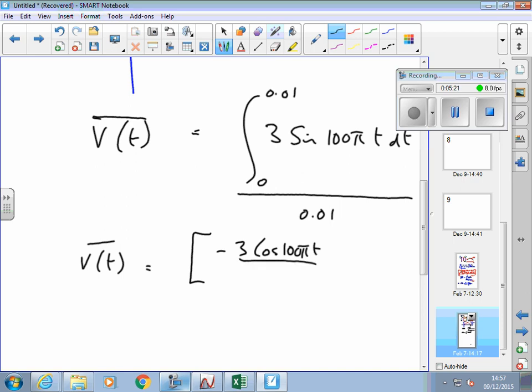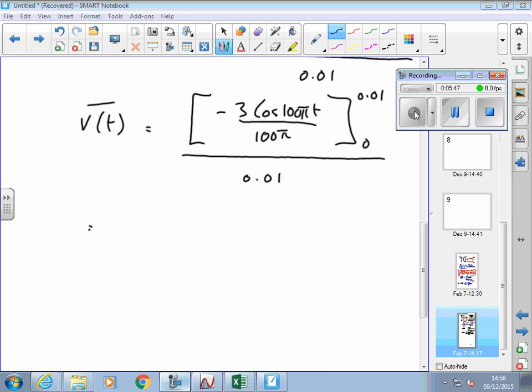but divided by what comes out and goes underneath, the 100 pi. Between 0 and 0.01. And then I'm going to divide that answer by 0.01.